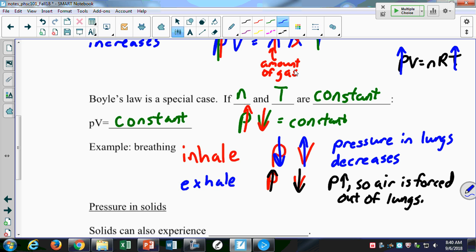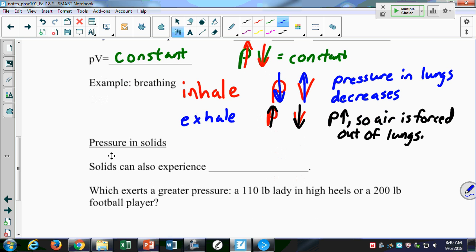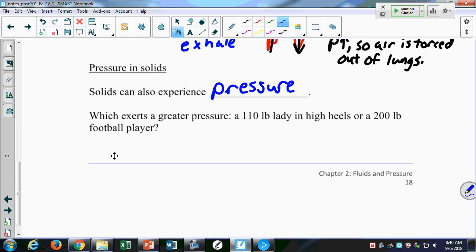All right, pressure in solids. So solids can also experience pressure. We talked about this earlier, but pressure is force over area.